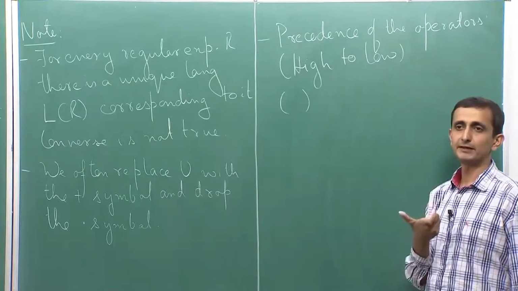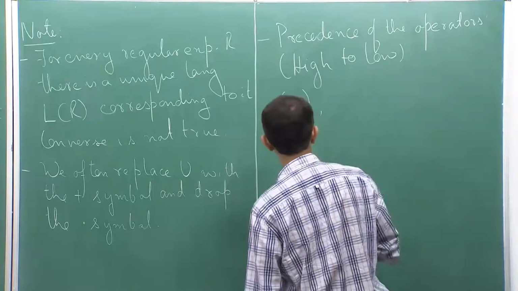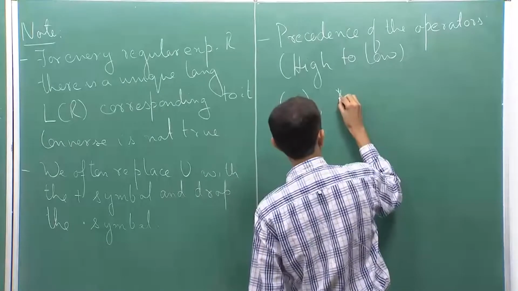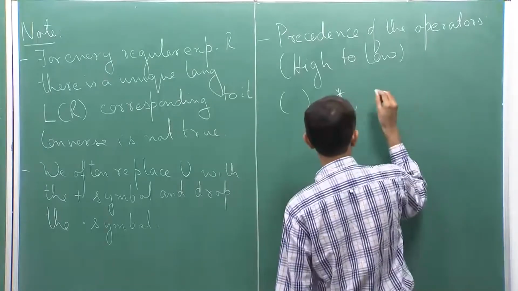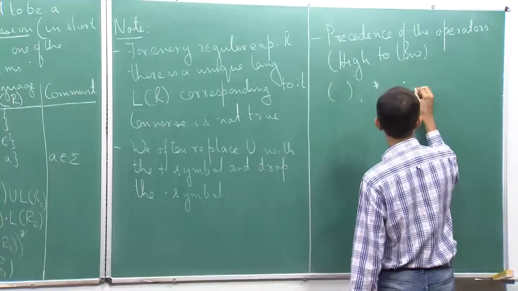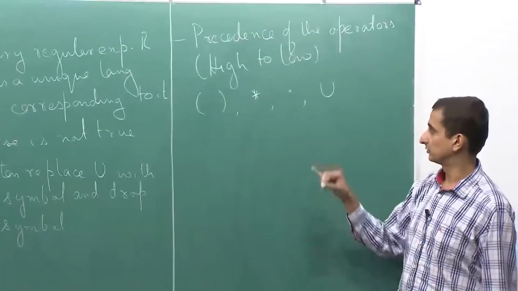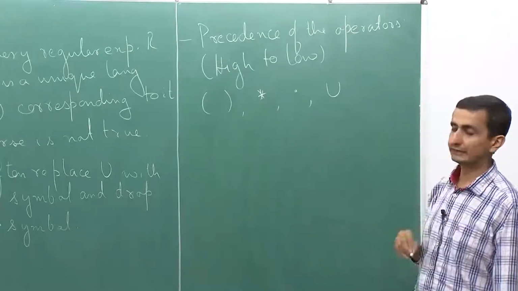Whenever we have something in brackets, that needs to get executed first. Then we have the star operator, the star symbol. Then we have dot, and finally we have the union. Okay. So, star, bracket, star, concatenation and then union.